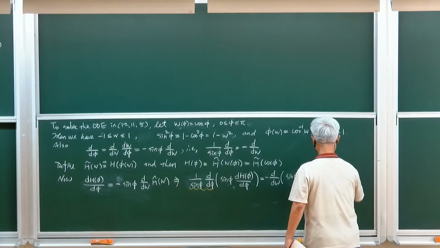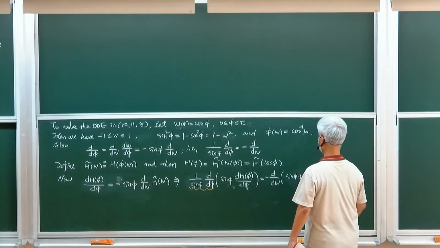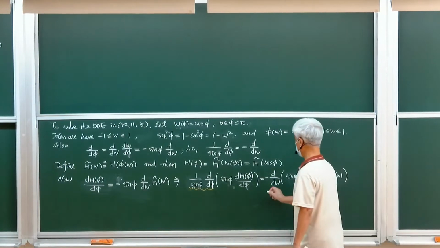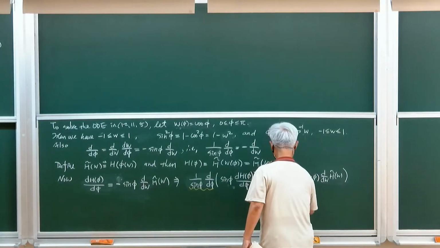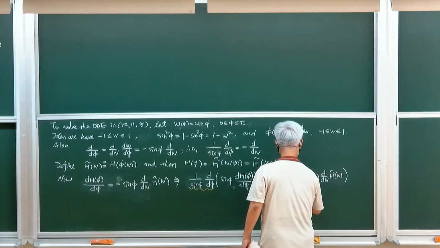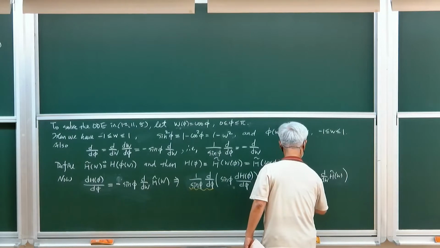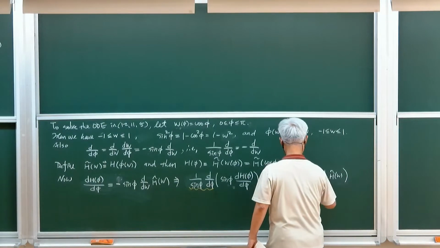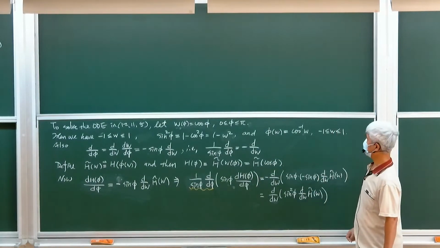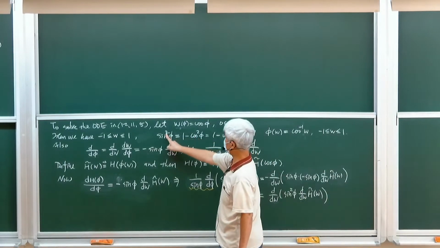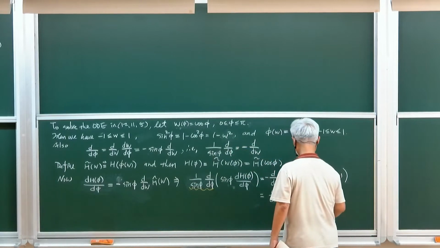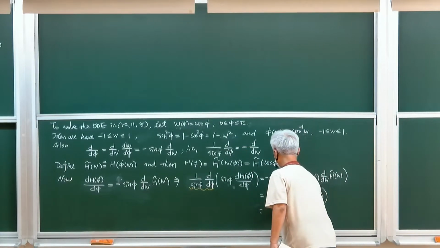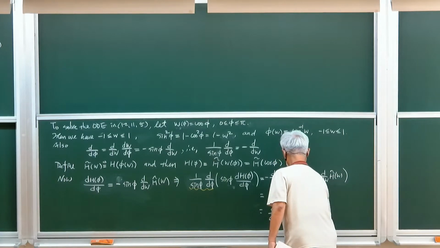So this is equal to d/dw of sine squared phi d h tilde/dw. And finally, the square of sine phi is equal to 1 minus w squared.